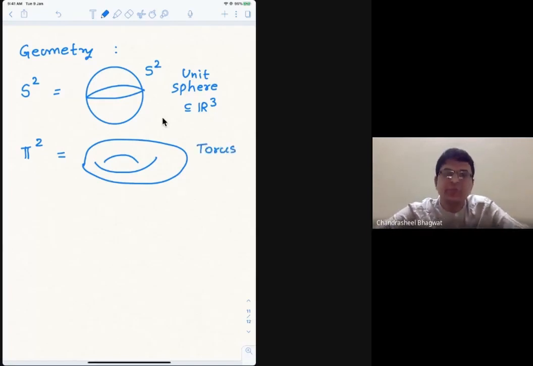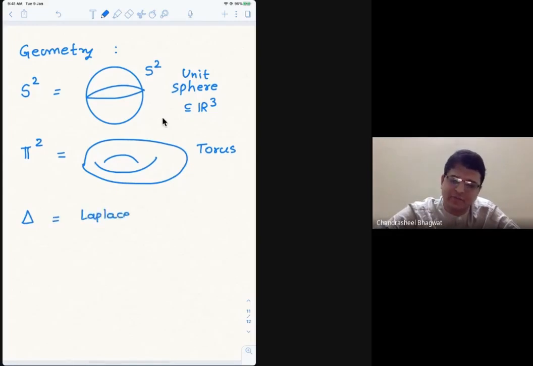So for these objects also one can study the Laplace operator. I'll not go into the definition of the Laplace operator in these cases, because for that I would have to talk about Riemannian geometry in more detail. But just keep in mind that there is a nice Laplace operator which is normalized so that it is positive definite.